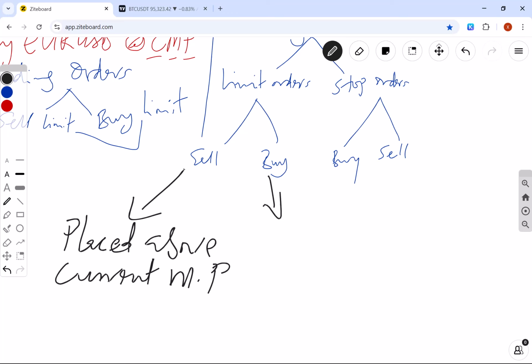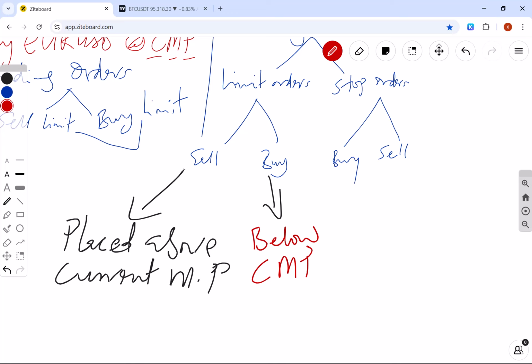And buy limit orders are placed below the current market price. So that is the difference between a buy limit order and a sell limit order.